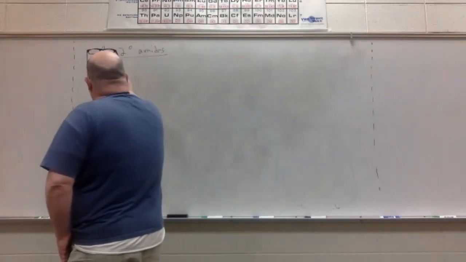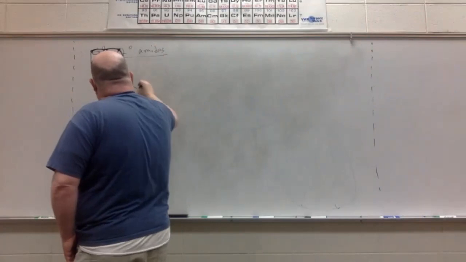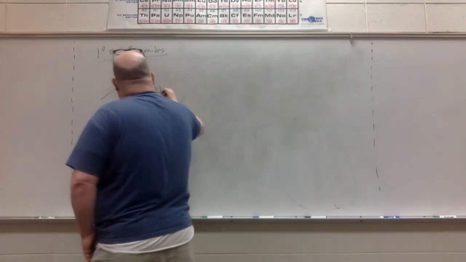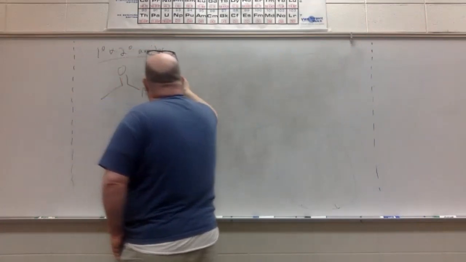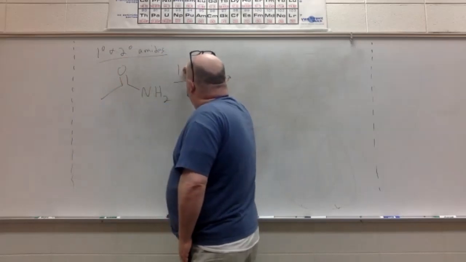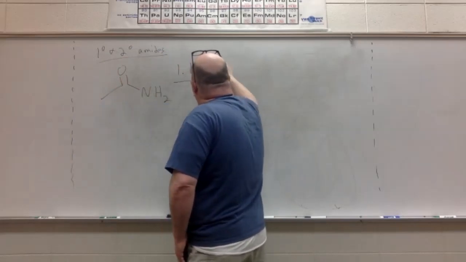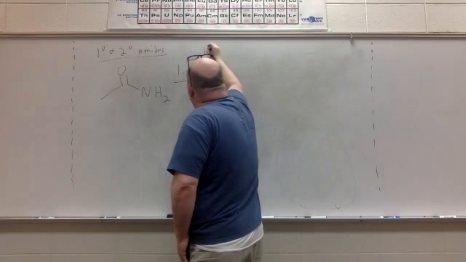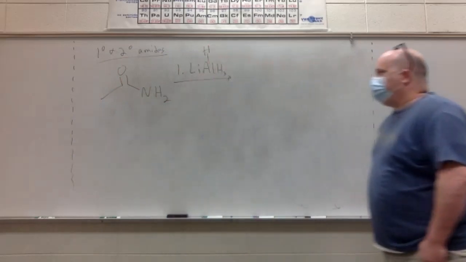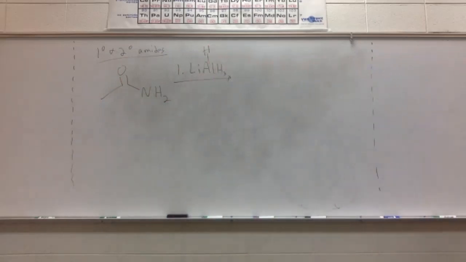I'm going to use a primary amide as an example. Now, this one's a little bit different. I told you that out of all these, amides had the worst leaving groups.